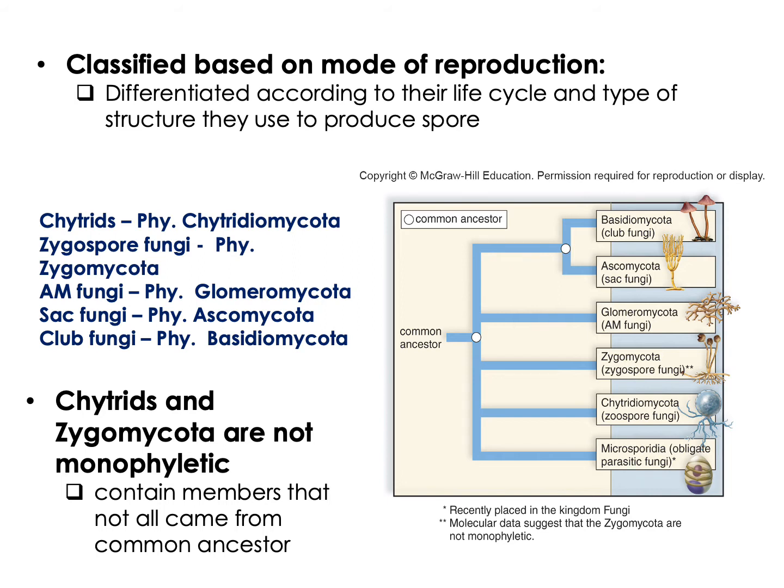The AM fungi are the Glomeromycota, we have the sac fungi, which are the Ascomycota, and lastly the club fungi, which are in the phylum Basidiomycota. However, please note that chytrids and Zygomycota are not monophyletic, which means they contain members that did not all come from a common ancestor. But we will use these six phyla for now.